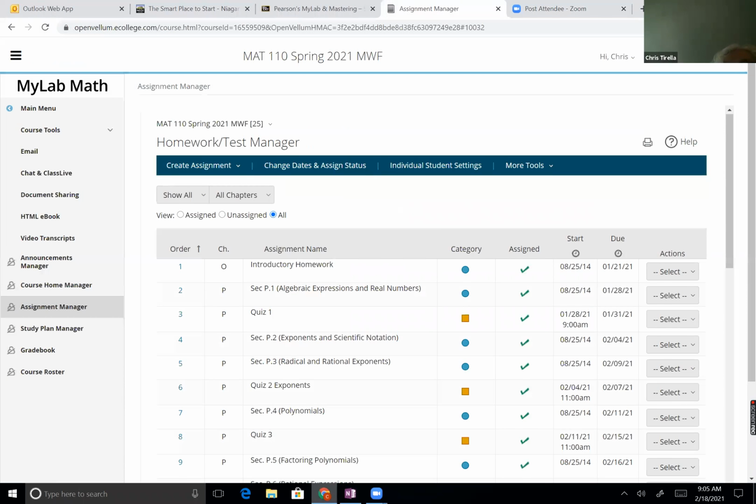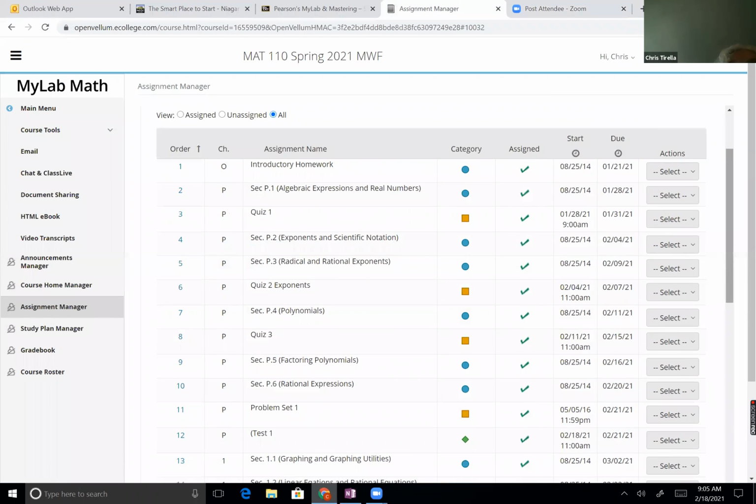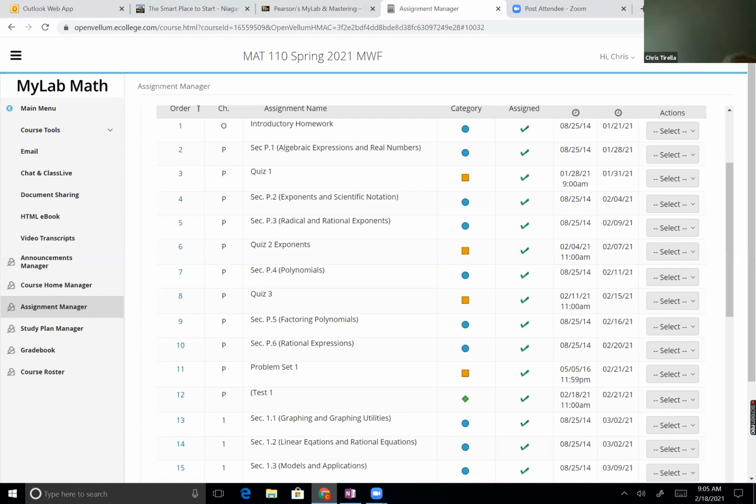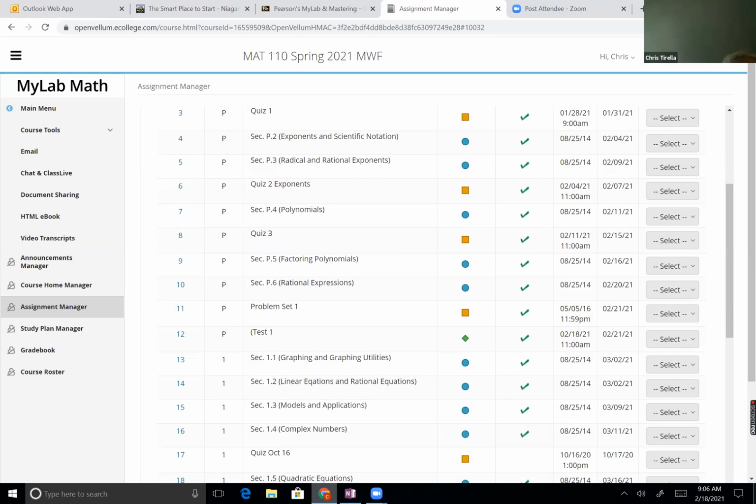Then before we get looking at that last topic and going over that review, I am wondering if anybody wants to look at anything homework-wise from this chapter. Remember, this chapter started with things as basic as your properties, order of operations to simplify things. Then we looked at the laws of exponents and scientific notation. Then we looked at simplifying radicals, rationalizing denominators, and negative and fractional exponents. Then we looked at polynomials, add, subtract, multiply, and divide.